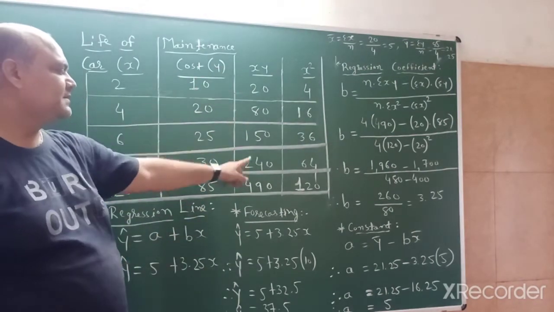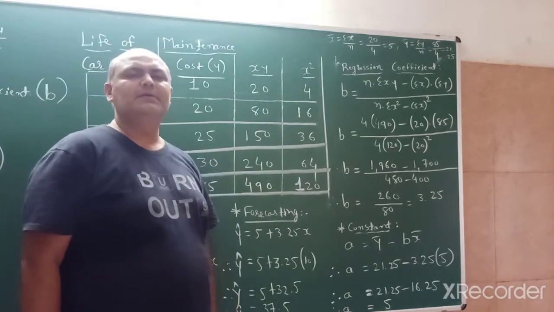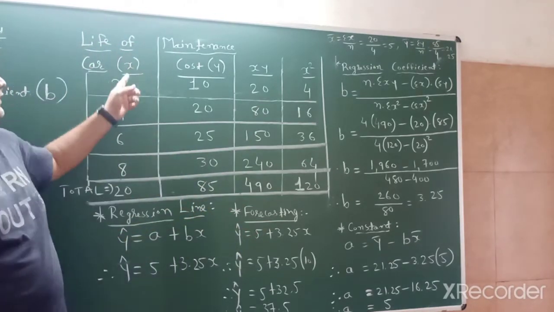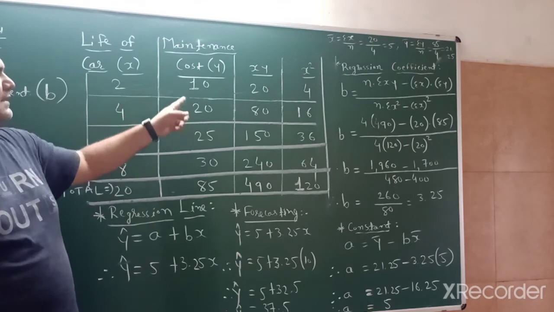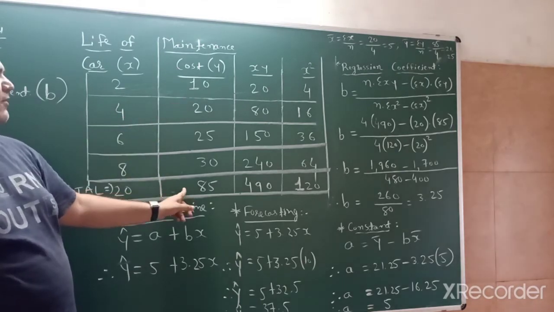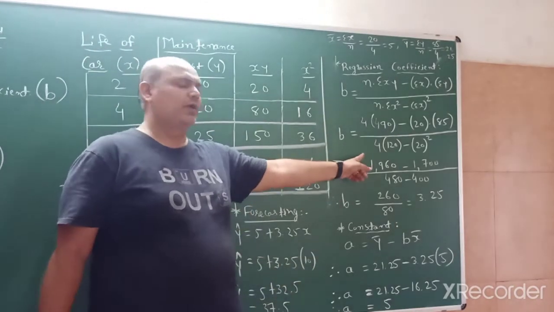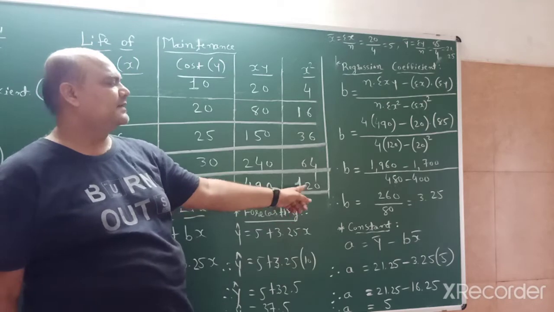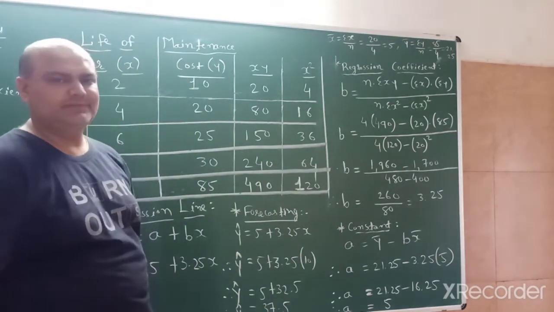Sigma xy means total of the xy column, that is 490, minus sigma x means total of the column of x, that is 20, into sigma y means total of column of y, that is 85, upon n is 4. Sigma x square means total of the column of x square, that is 120, minus sigma x 20 the whole square.